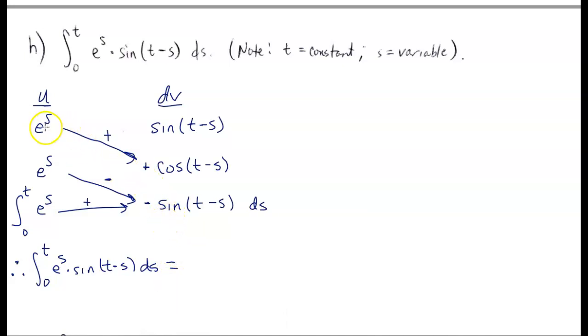So here I'm just going to say e to the s times cosine of t minus s. It's going to be e to the s times cosine of t minus s, like this. And then minus. So we have minus a minus, which is going to be plus e raised to the s sine of t minus s.